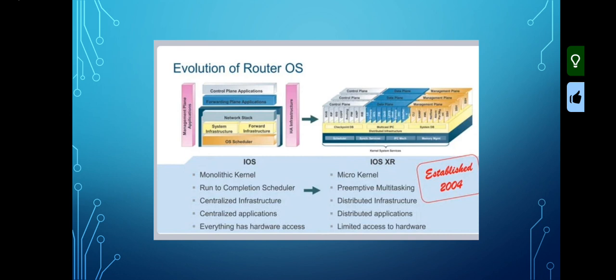IOS does support centralized application. IOS XR does support distributed application. IOS supports monolithic kernel, I mean, it is comprised of monolithic kernel. IOS XR is comprised of microkernel. And in IOS everything does have hardware access, but in IOS XR we've got limited access to the hardware. So what exactly is the kernel?